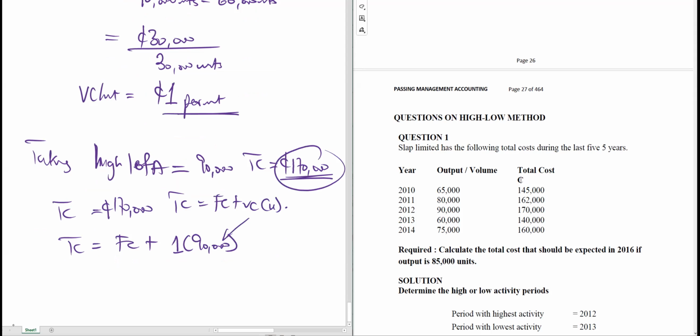So total cost, which was 170,000, equals fixed cost plus 90,000. So 170,000 minus 90,000 should give us the fixed cost. Do you all agree? So what's our fixed cost?